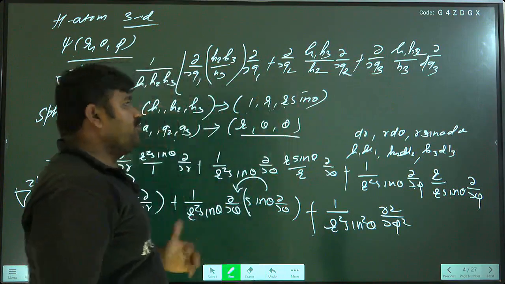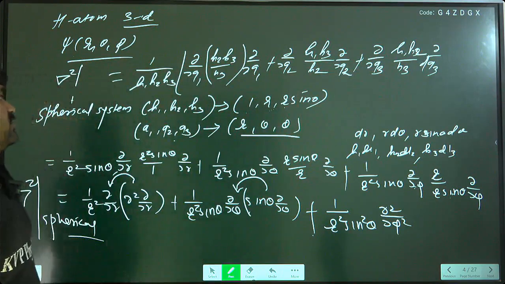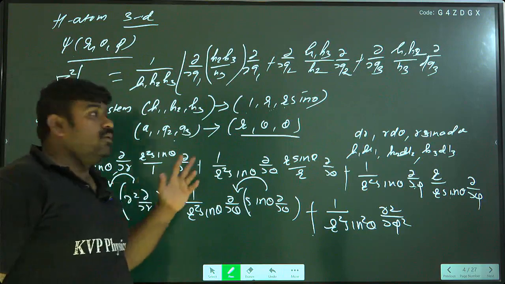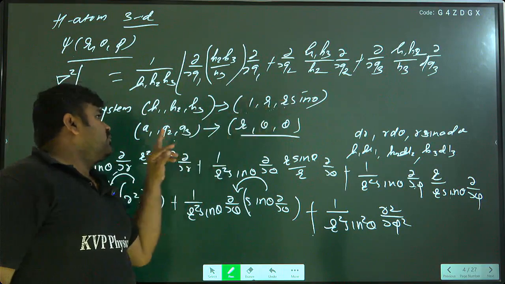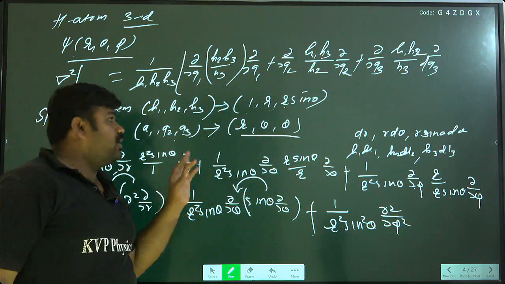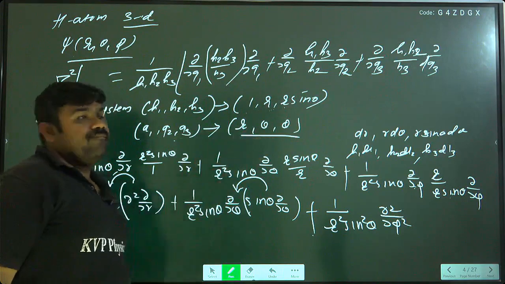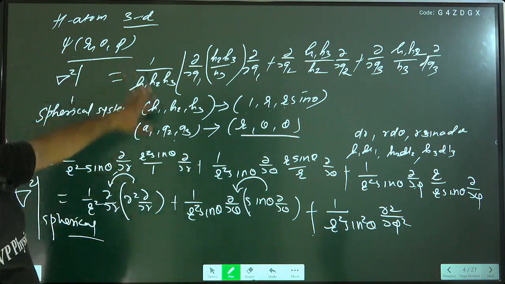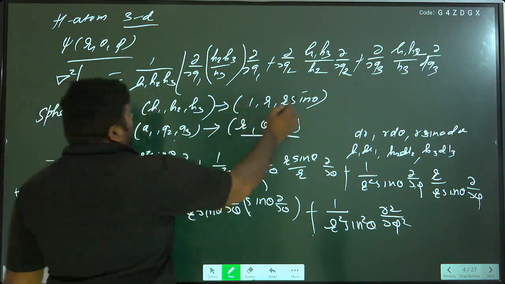Spherical system: h1 h2 h3 are 1, r, r sin theta, with q1 q2 q3 as r, theta, phi. So 1 upon r squared sin theta into ∂/∂r (r squared sin theta ∂/∂r).